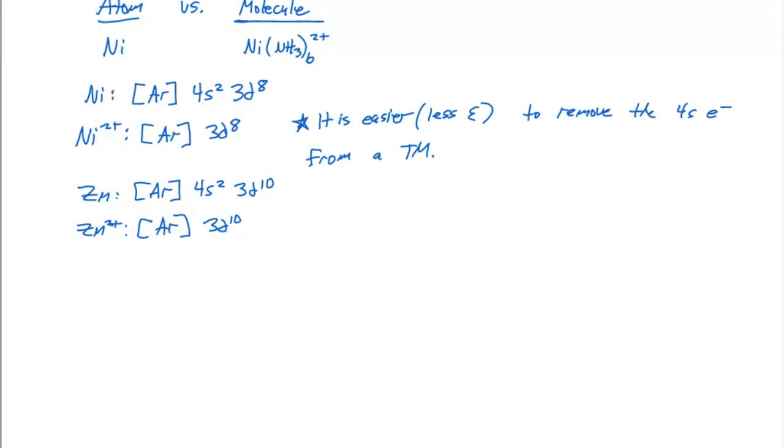And what I want you to try to recognize and link here, and we're going to talk about this later, is what is special about a d10 case. In this case, it happens to be not so special, because what do we know about zinc in terms of color? It's clear, or colorless.